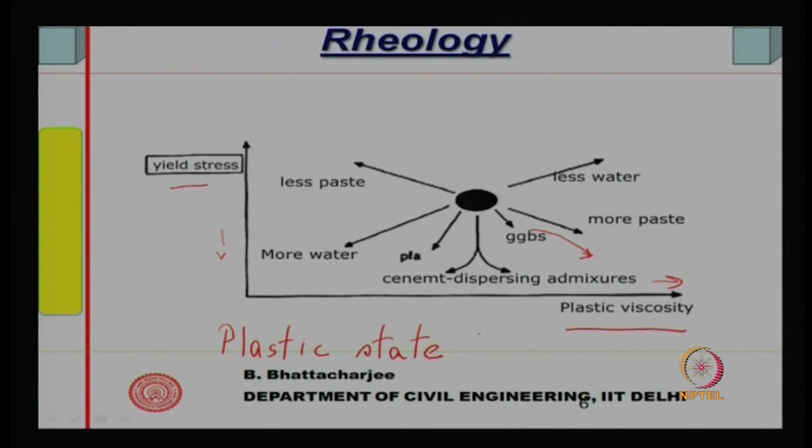So, the friction, that means resistance against flow, will be increased. More paste causes an increase in viscosity, but a reduction in yield shear stress. More water causes reduction in viscosity and reduction in yield shear stress as well. You reduce the paste, you will increase the yield shear stress and viscosity may reduce somewhat.